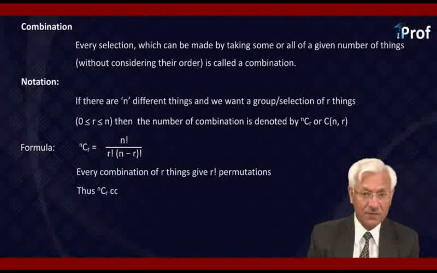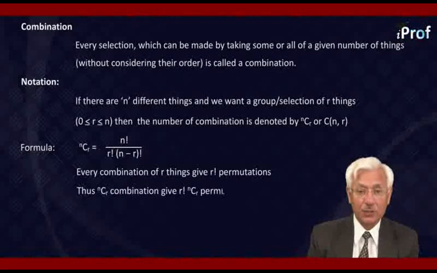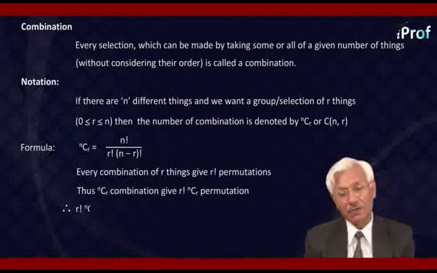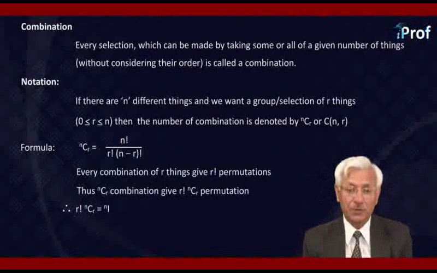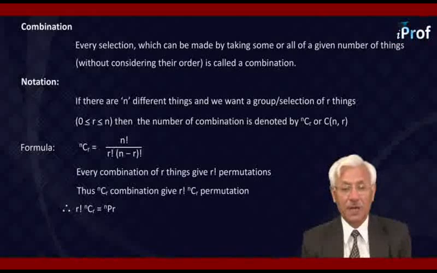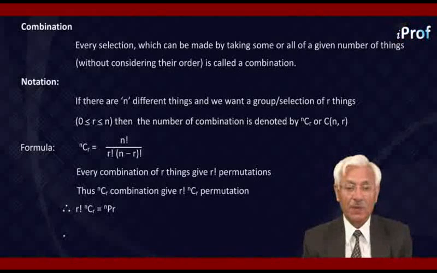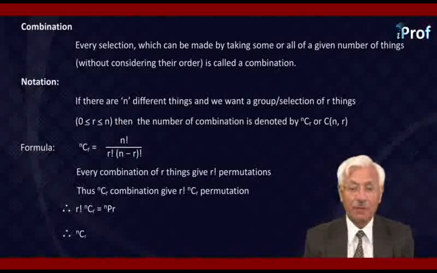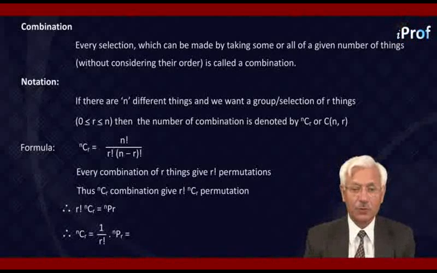Thus, nCr combinations give rise to r factorial into nCr permutations. Therefore, r factorial into nCr is equal to the total number of permutations, that is equal to nPr. Or in other words, nCr is equal to 1 by r factorial into nPr, which is equal to n factorial divided by r factorial into n minus r factorial.